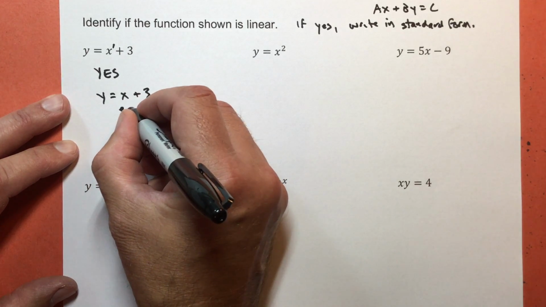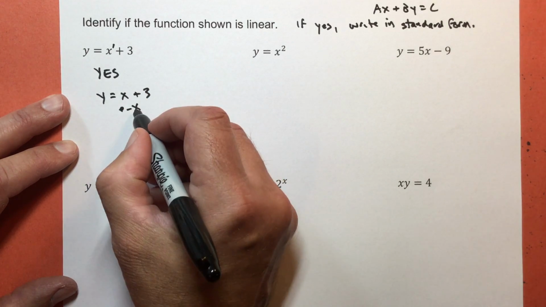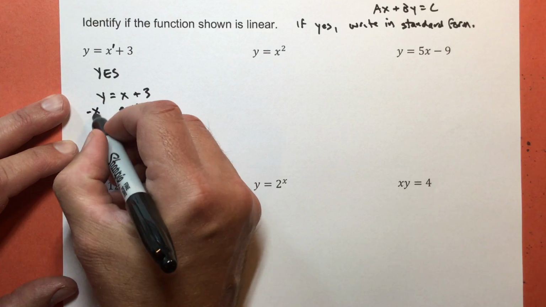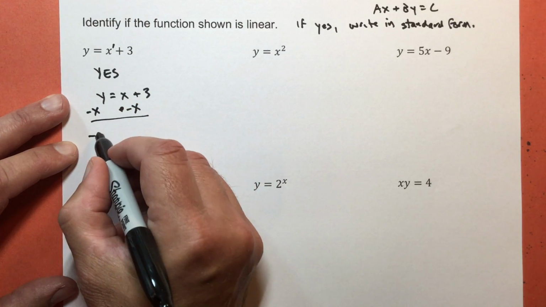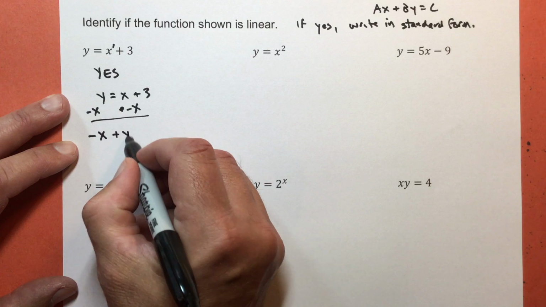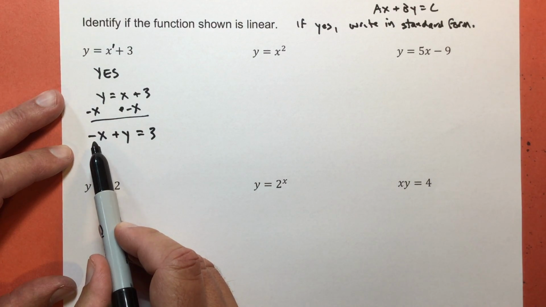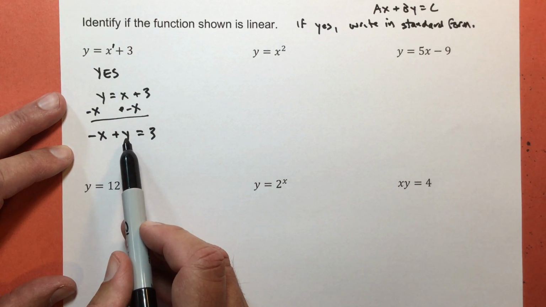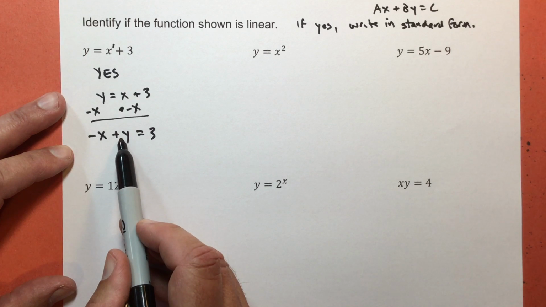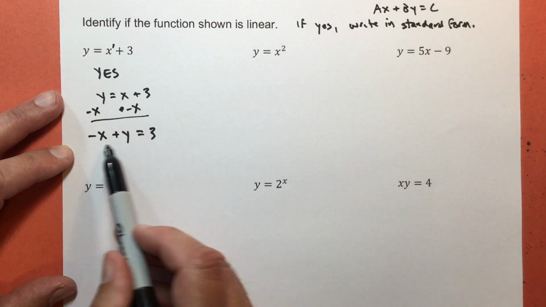I'm going to add the opposite of x to both sides. I said add, and I wrote a plus sign. And I'm going to get the opposite of x plus y equals 3. So I've got something times x, which is a hidden, there's another hidden number, the hidden negative 1. Something times y, which is the hidden positive 1, equals something. That's standard form.